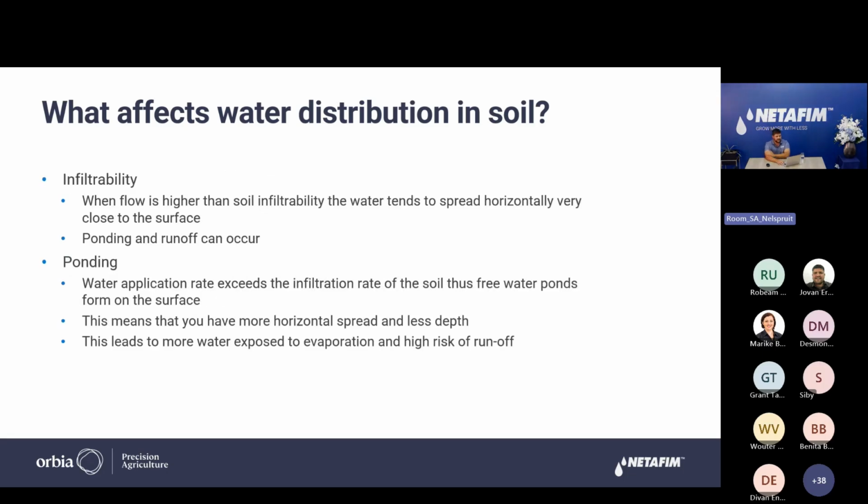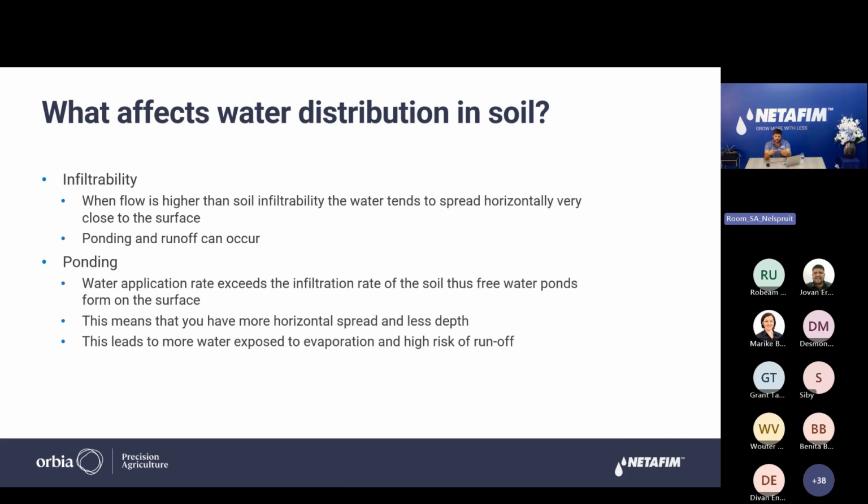But infiltrability is when the flow of your emitter, or the application rate of your irrigation system, is higher than the soil's infiltrability: the water tends to spread horizontally close to the surface quite a lot.